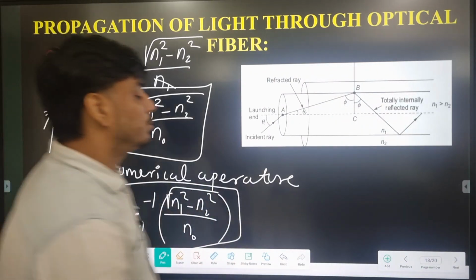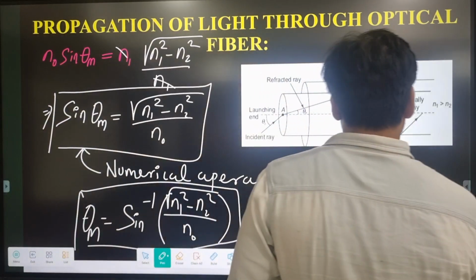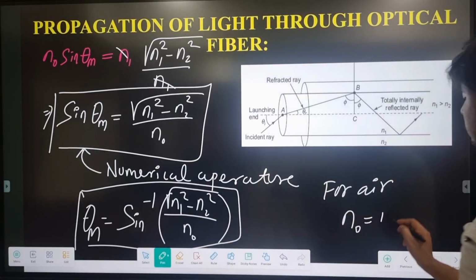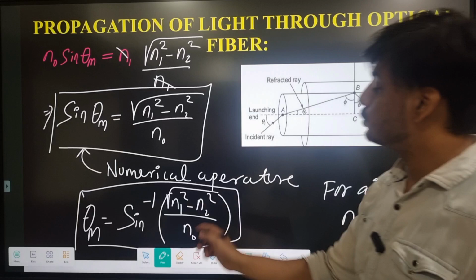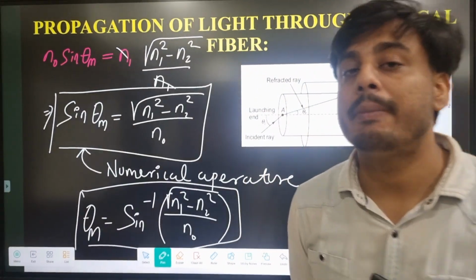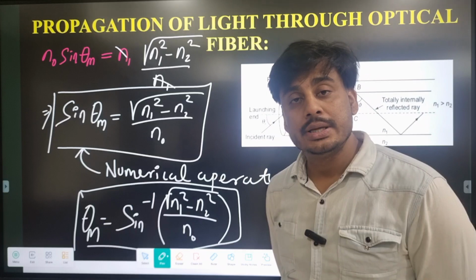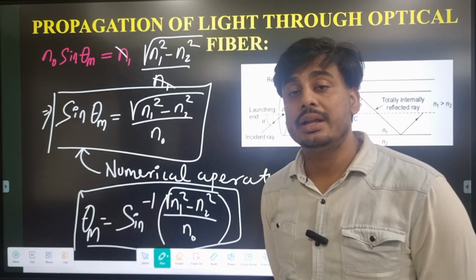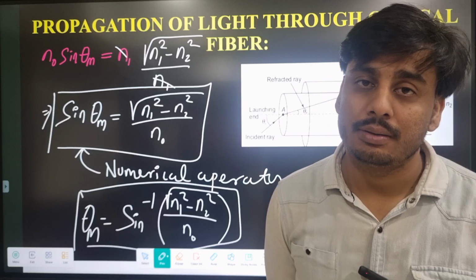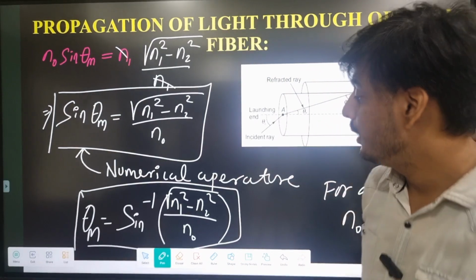For air, if the outer medium is air, you can directly write n0 equals 1. So this will be just the square root of n1 square minus n2 square. So by this method, you can derive the expression for the maximum angle with which light can be projected towards the optical fiber so that it can easily move by total internal reflection.